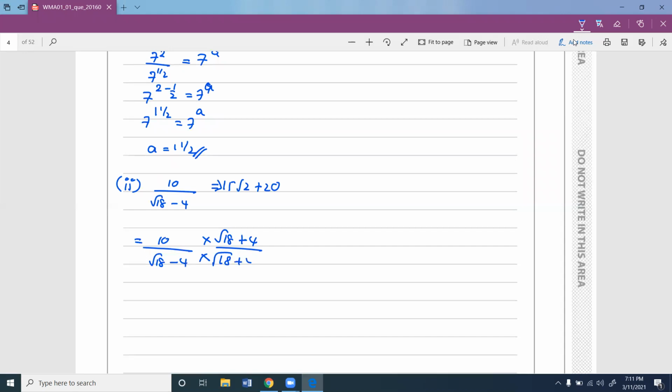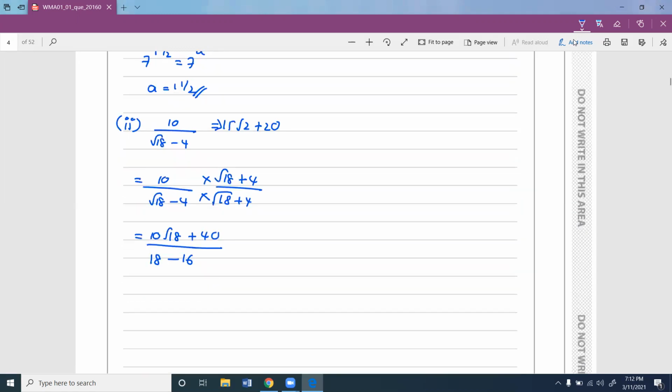So if you do this, you will understand that 10 root 18 plus 40, 10 into root 18 is 10 root 18, 10 into 4 is 40. Divided by, over here, you can say root 18 times root 18 is 18. And minus 4 into 4 is minus 16. So no need of working out all of these terms because intermediate terms get cancelled when you do this rationalizing process.